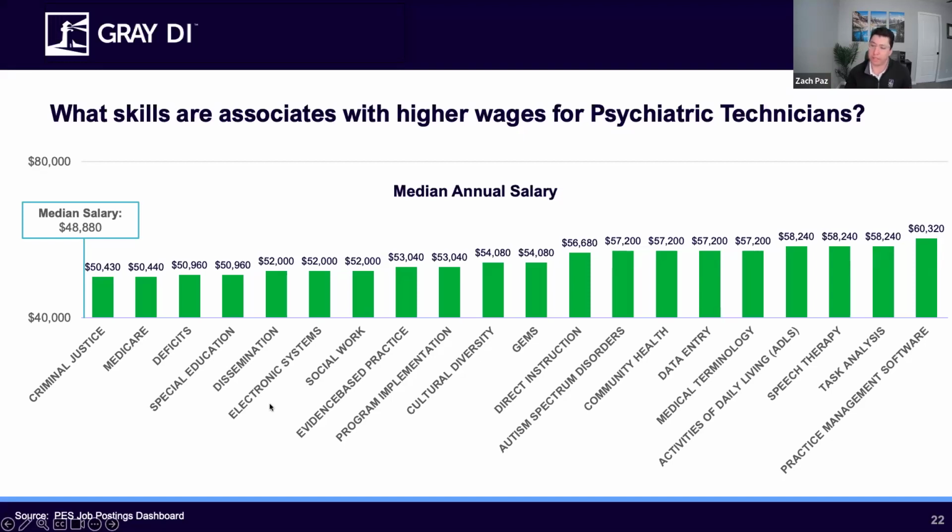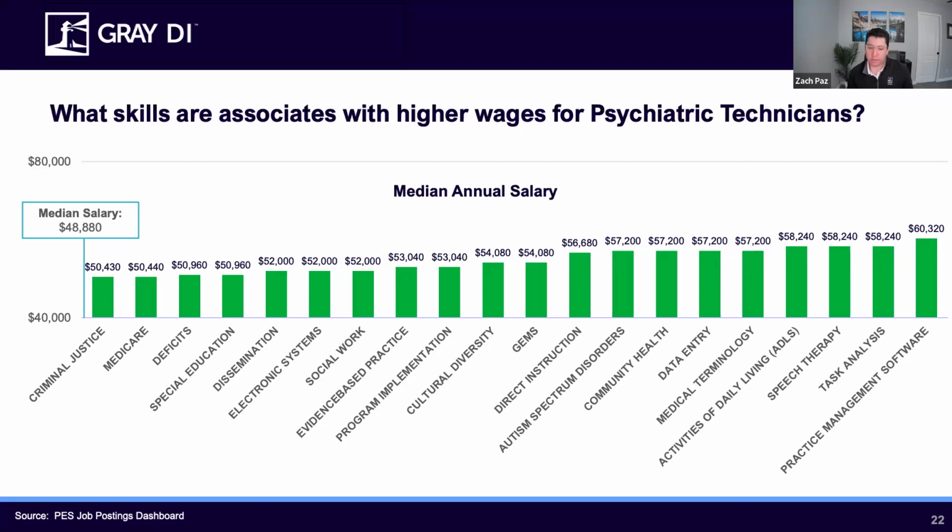Are you covering these skills? Are you preparing your students to talk about the skills they've earned through their programming? Your students might be learning all of these skills. They just might not be able to speak to it. And so understanding what they are and helping them understand that could really give them a leg up as they're looking for jobs.